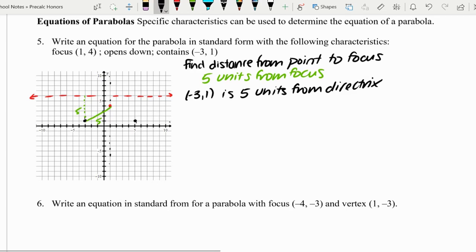Now we can find where our vertex is. Since our vertex is halfway between the directrix and the focus, which are 2 units apart, my vertex is going to be right there at, looks like, (1, 5). And then we can write our equation. This is a parabola that opens down, so it's going to be an x squared parabola.